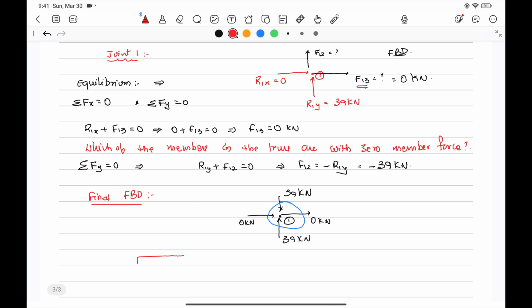If there is a member like this, some force is this way, on the other side, the other joint force will be this side.